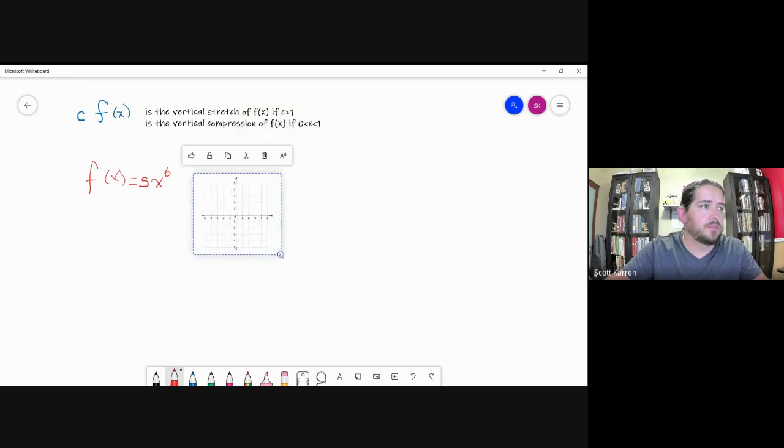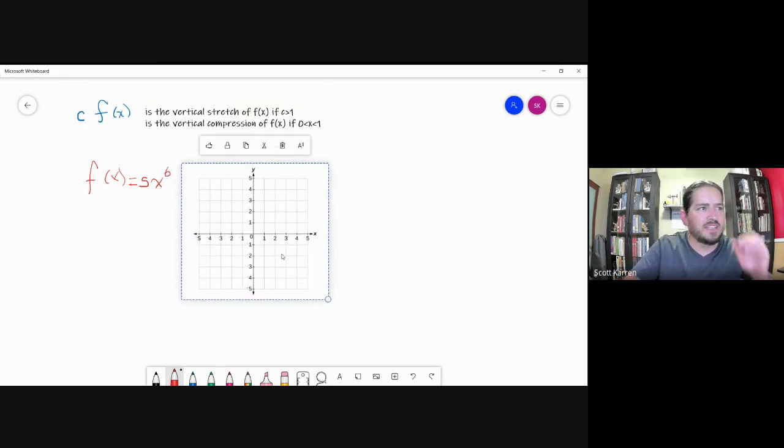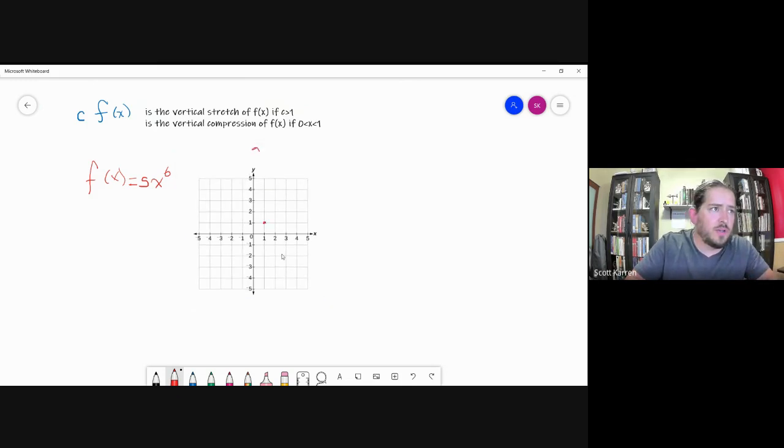So x to the 6 is going to have kind of a wide base. It still goes through the point (1, 1) and (-1, 1), right? But it kind of widens its base right here and then shoots up really quick. Because if you think about 2 to the 6, that's 2, 4, 8, 16, 32, 64. So by the time we hit 2, we're way off the screen. But it does something like this, shoots up real quick.